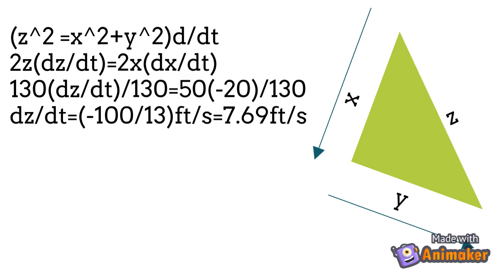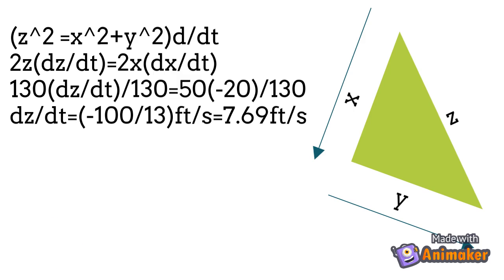So let's divide both sides by 2 and replace z with 130 and x with 50. dx/dt is negative 20. Then let's divide both sides by 130.